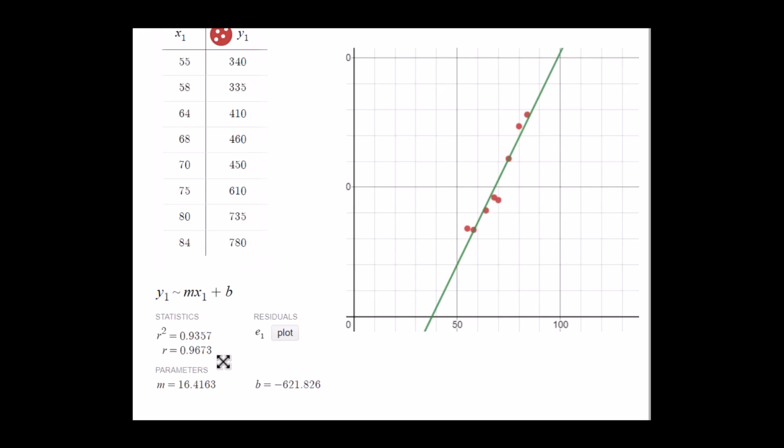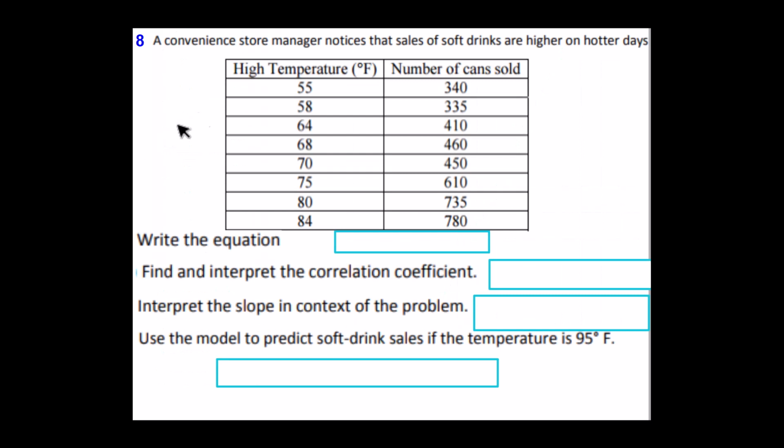So this is our correlation coefficient. It's going to be a strong positive. If you want to see the residuals, you can plot it, but we don't need the residuals to answer this question. Here's our slope, 16.42 if we round it, and our intercept, negative 621.83 if we round it. Okay, so let's go back and use that to answer these questions.